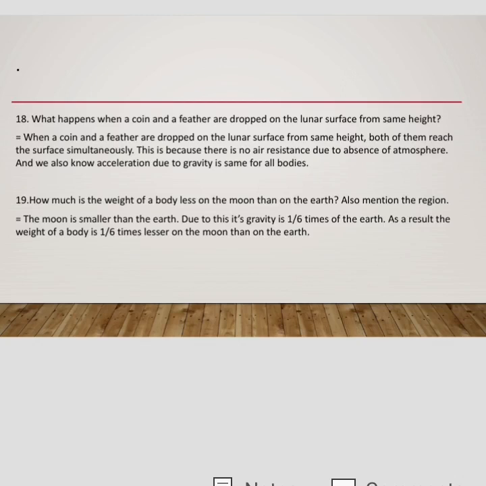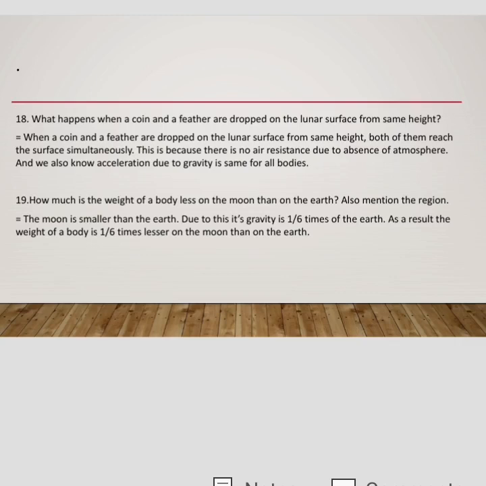No matter which has more surface area, either a feather or a coin, only air resistance affects here. As there is no atmosphere, there will be no air resistance. That's why both of them will be in a state of free fall, both will have the same acceleration due to gravity, and both will reach the surface at the same time.